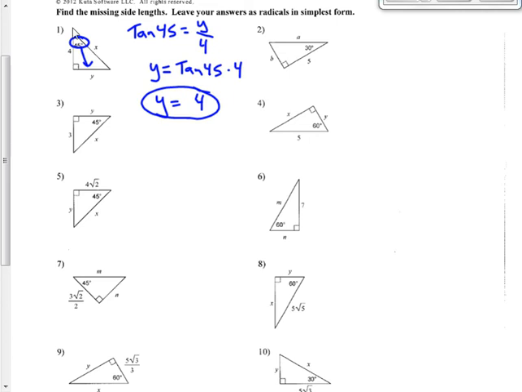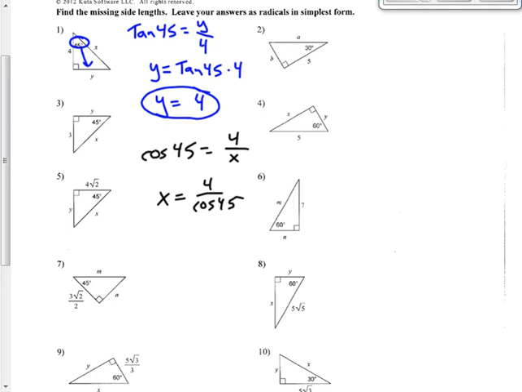X is the hypotenuse in this, so I've got an adjacent side and a hypotenuse. So I can do cosine of 45 is equal to the adjacent over the hypotenuse. A couple different ways to solve this one: cross multiplying, dividing. Multiply by x and then divide by cosine of 45. A lot of different ways, but ultimately you should end up with this calculator problem. And again, you could get that from the unit circle.